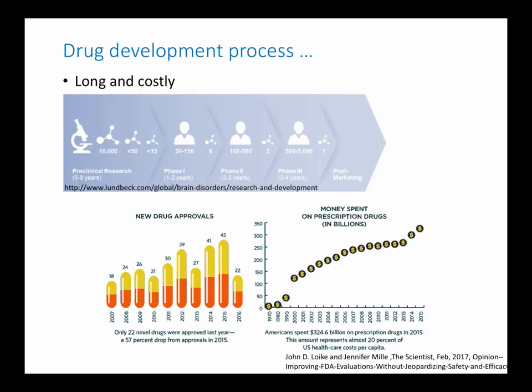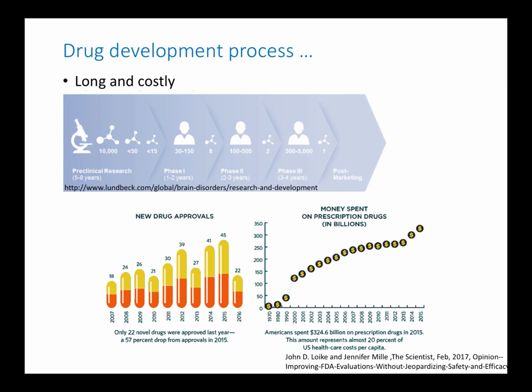So drug development is a really long process. If you look at this slide, it looks like it takes about 15 years to go from start to finish. You start with, say, 10,000 candidate drug compounds, and you whittle it down over a number of years.